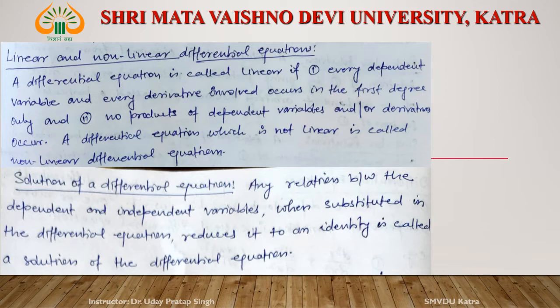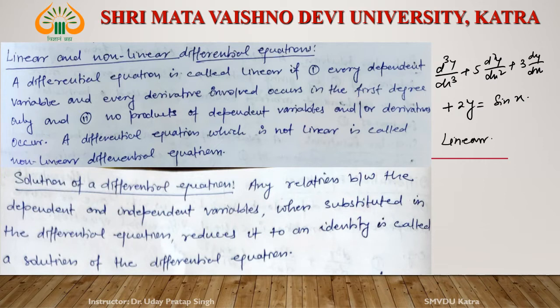Okay. So what is an example of a linear differential equation? An example is d3y by dx3 plus 5 d2y by dx2 plus 3 dy by dx plus 2y is equal to sine of x. This differential equation is linear.